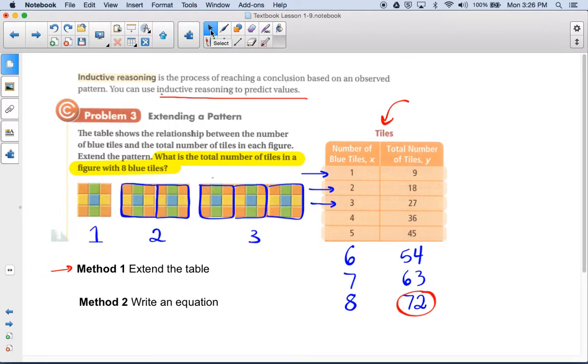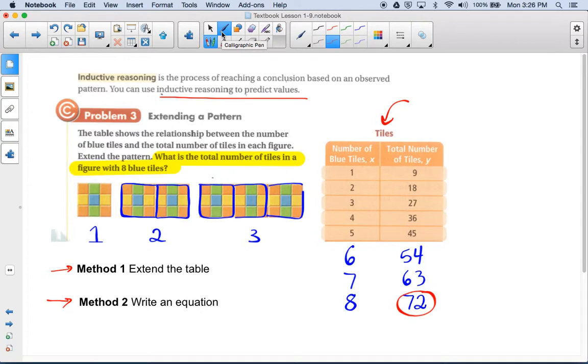Okay, so let's look at how we could write an equation. All right? Let's write an equation. So let's take a look at what we have here. I'm going to erase some of this, okay? I'm going to try to figure out how I can describe the pattern, the relationship between x and y.